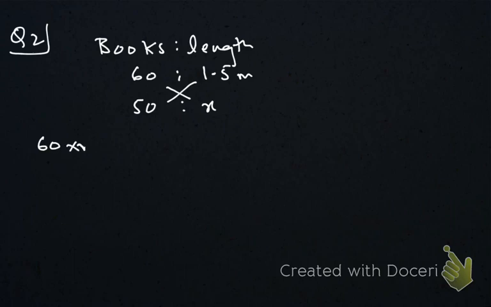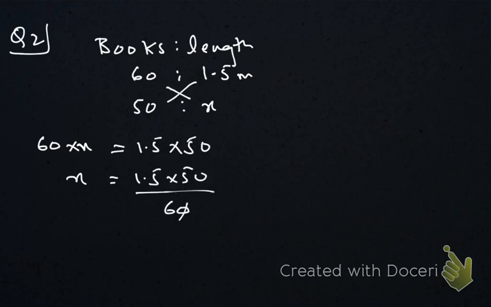So 60 multiplied by x equals 1.5 into 50. So x equals 1.5 into 50 divided by 60. 0 0 cancel out, remove the decimal, and a 0 will be added because you multiply the numerator and denominator both with 10.